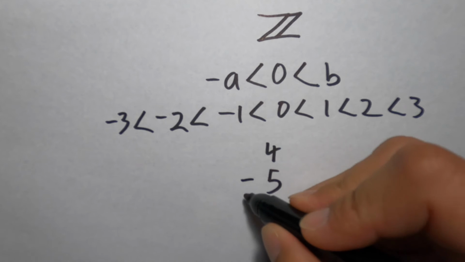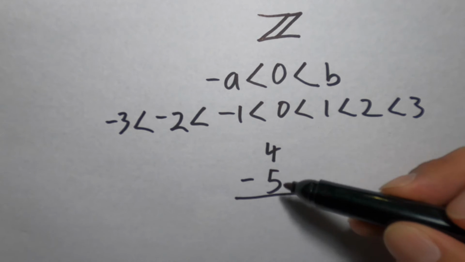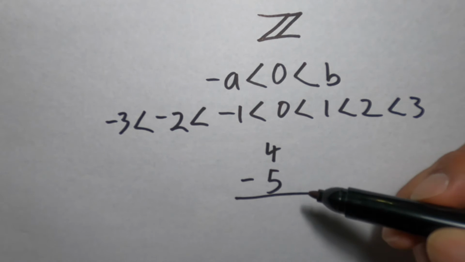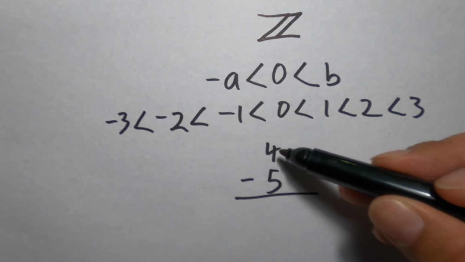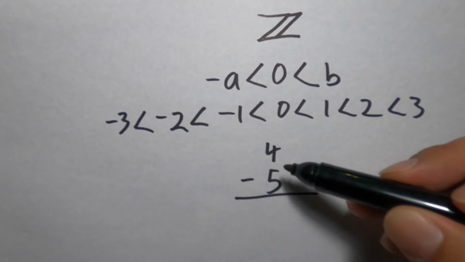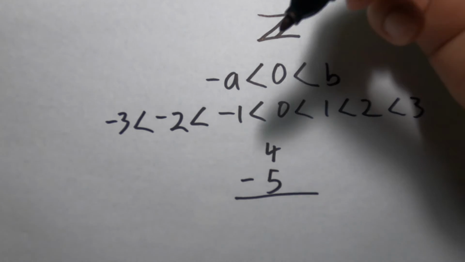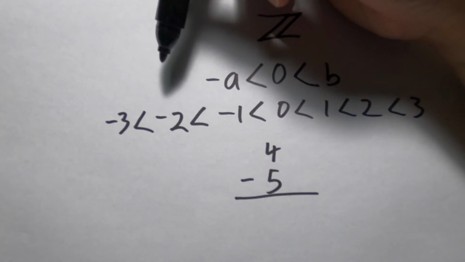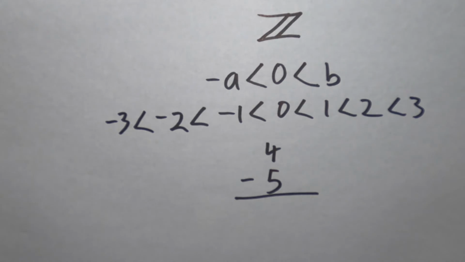So if we look at this in a subtraction form, previously we only worked with natural numbers, so we couldn't subtract 5 from 4. But now that we have opened up a whole new world with all integers and we are working with our negative numbers, now we can.